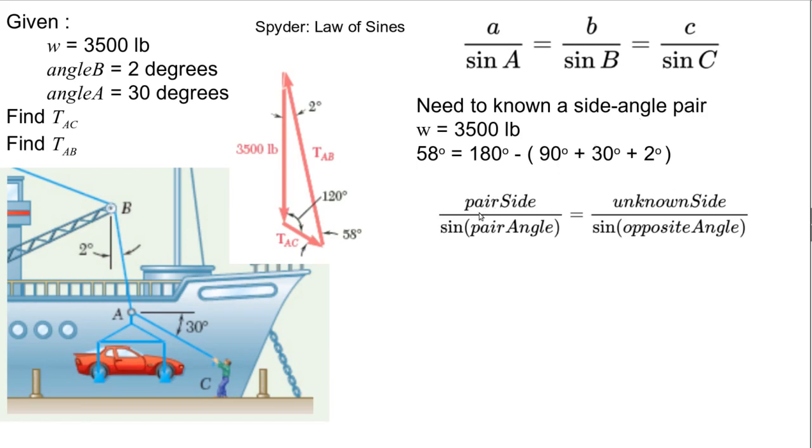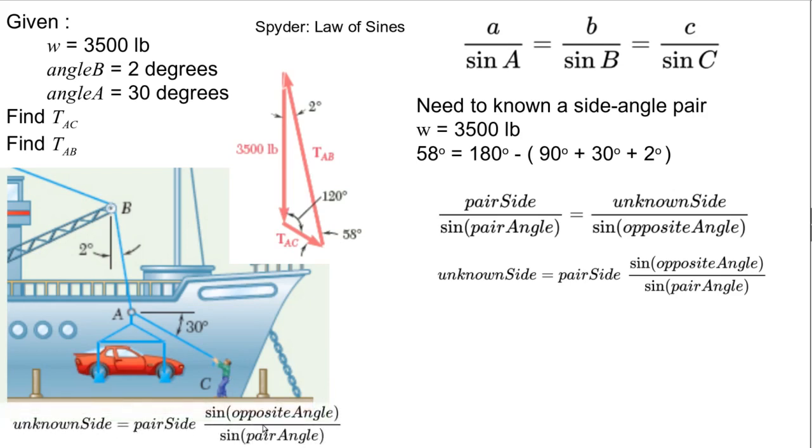So we know the side and the paired angle, and that equals the unknown side divided by sine of the angle opposite the unknown side. Or rearranging this, we have the unknown side equals a pair side times sine opposite angle over pair angle. Now I'll write this off to the side here, because that's the equation I'm going to use to solve my problem. So let's look at this problem with Spyder.